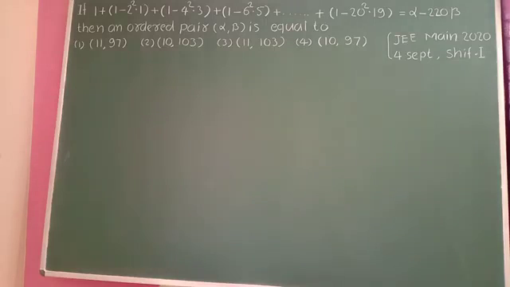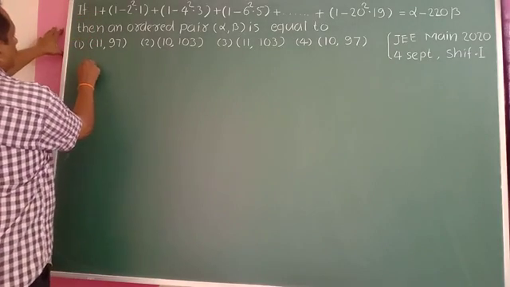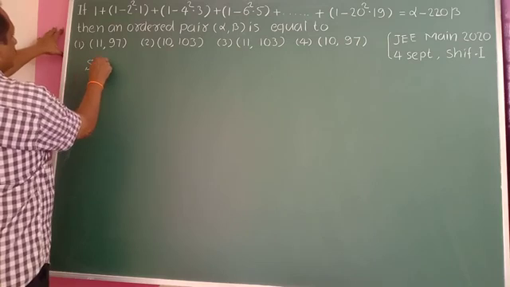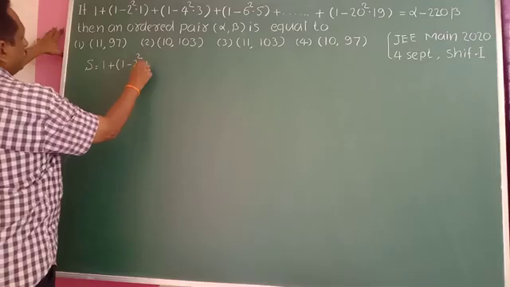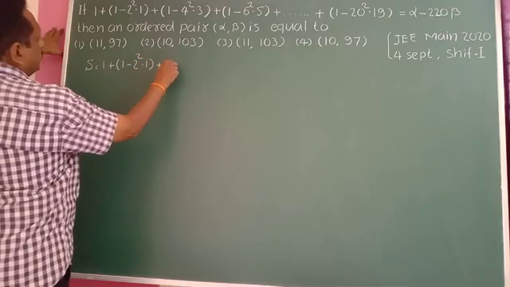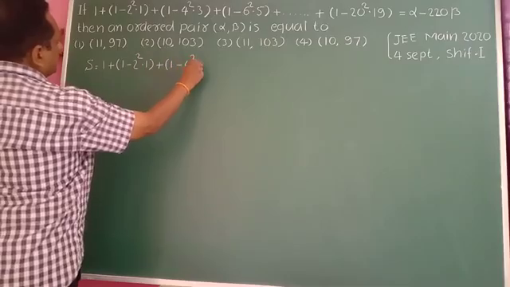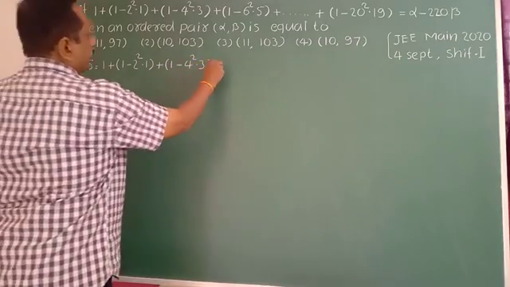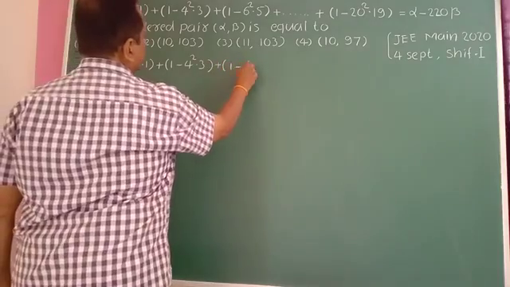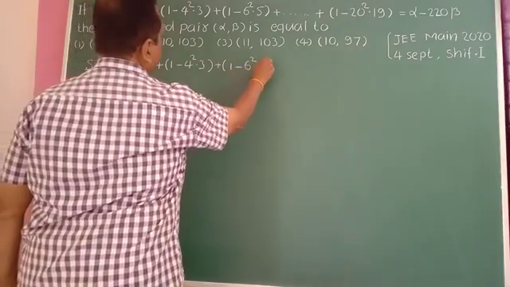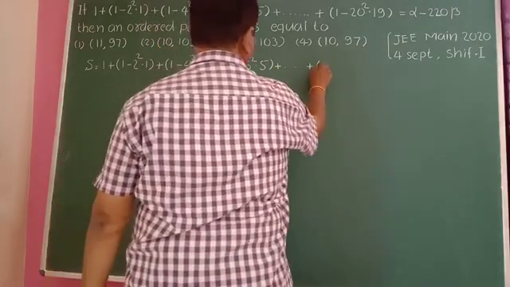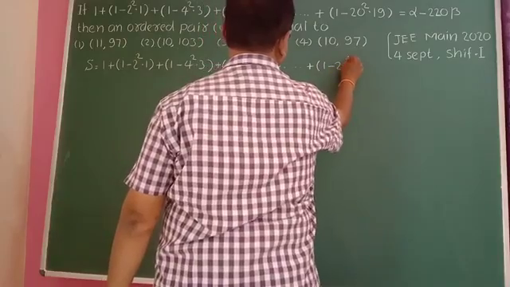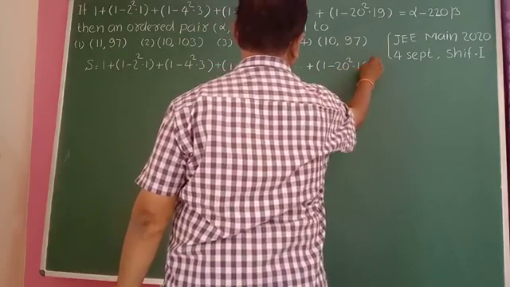Consider this sum as S. S is equal to 1 + (1 − 2²·1) + (1 − 4²·3) + (1 − 6²·5) + ... + (1 − 20²·19).